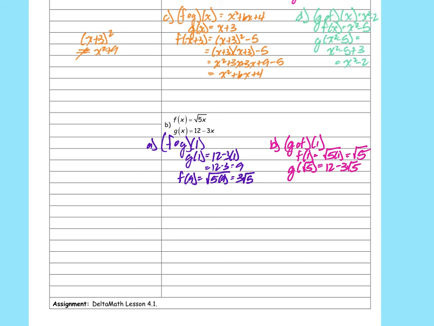I kind of think of it as like terms. Since the 12 does not have a square root of 5, I cannot subtract 3 square root of 5 from it. So this is just my answer, 12 minus 3 square root of 5. Unless they want an approximate answer, and then I just put it in my calculator and see what I get. Okay?